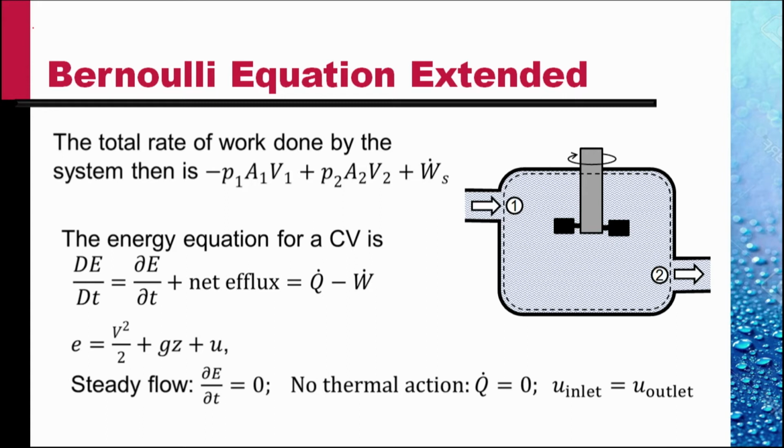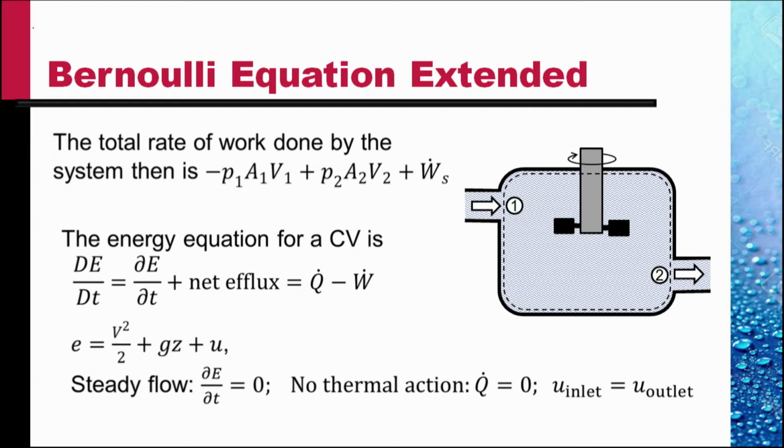The capital E, the total energy contained within the system, can be found using the specific energy e, that is the energy per unit mass, which consists of V squared by 2 plus gz plus u, the internal energy.